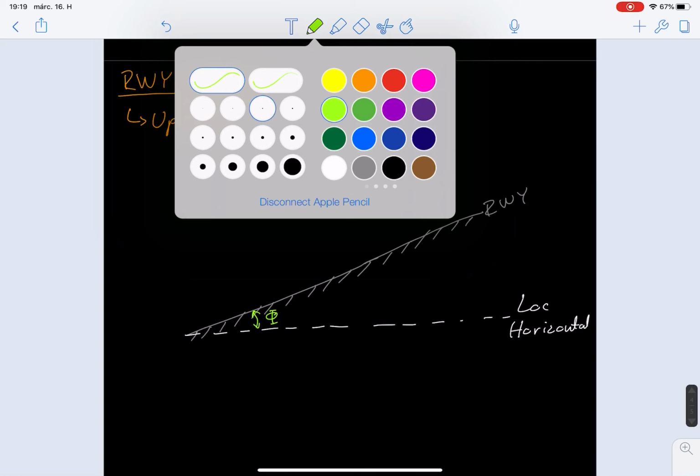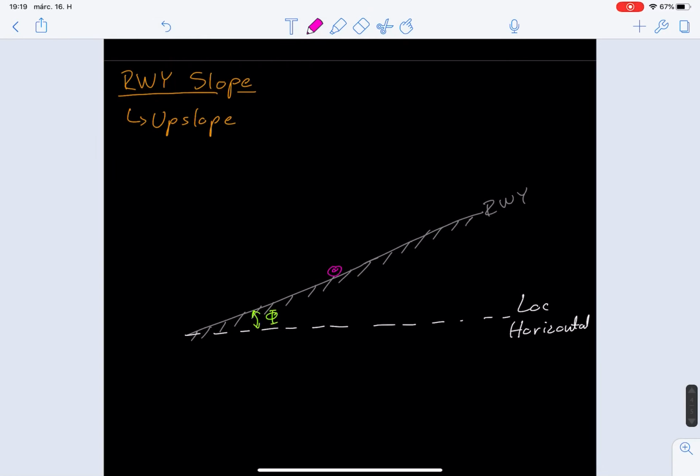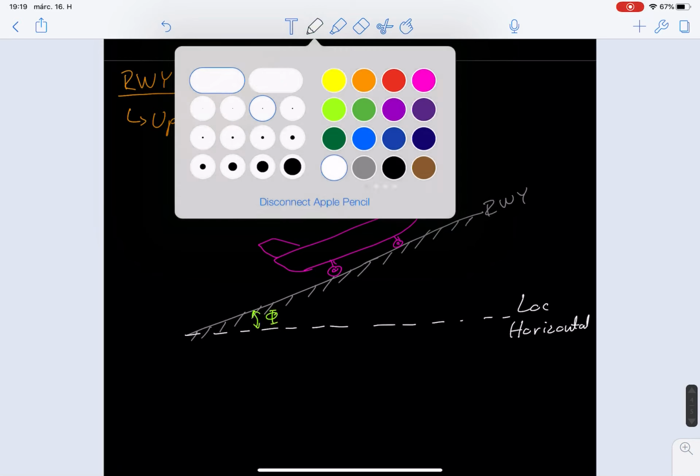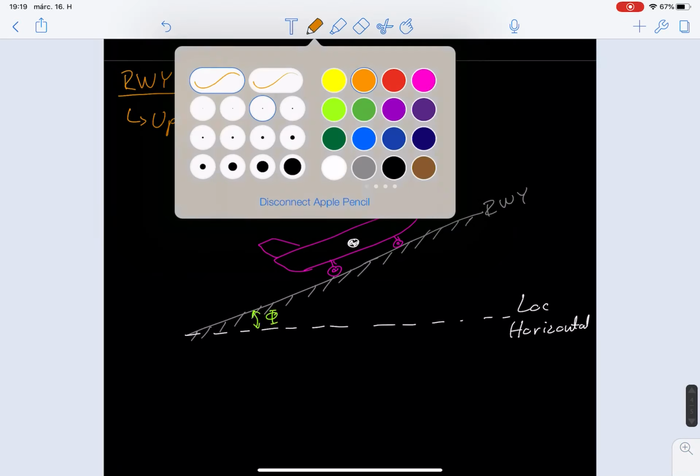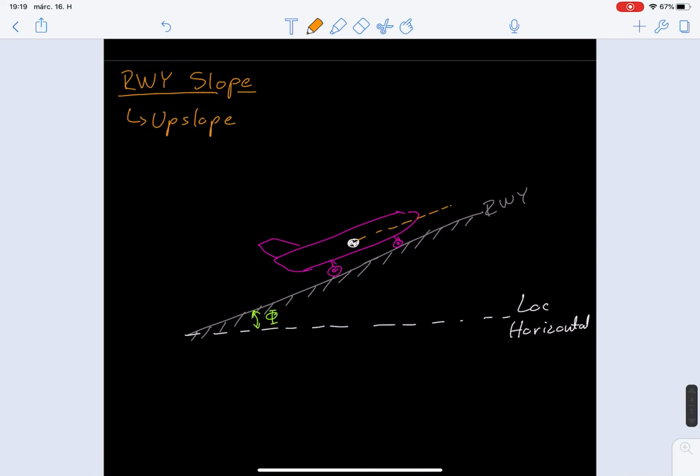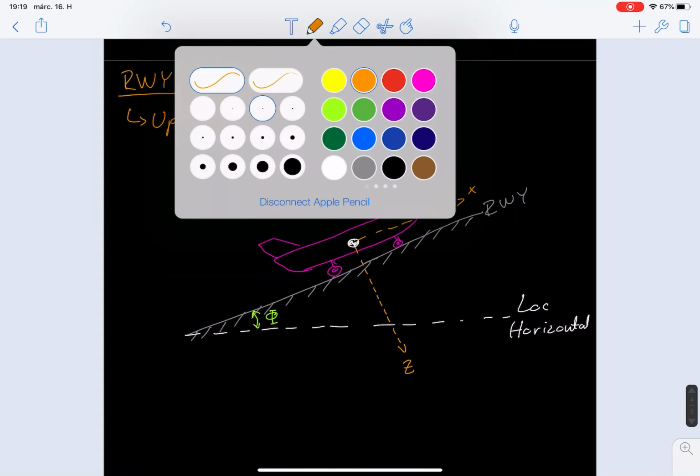Okay, so we're going to have an aircraft on this whole entire thing, right here. This aircraft is going to have hopefully a center of gravity and the longitudinal axis, which is the x-axis, and it's going to have a z-axis, right? And these are the axes of the aircraft.